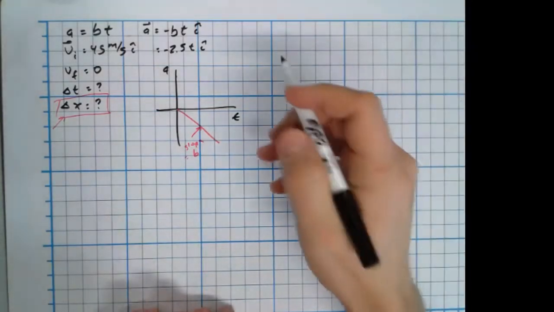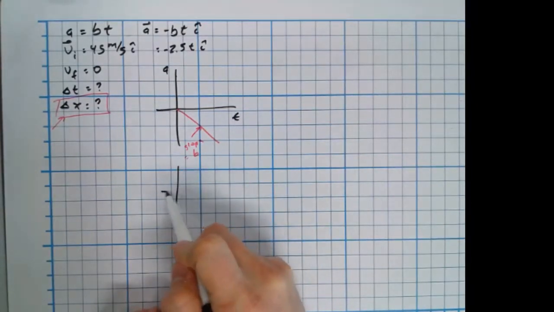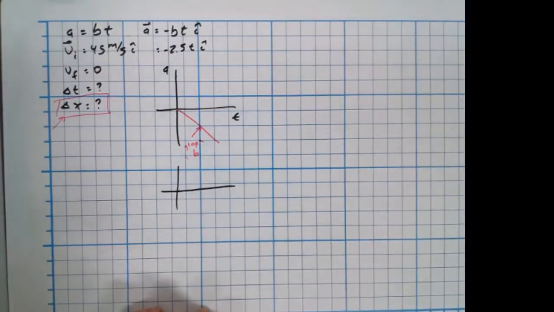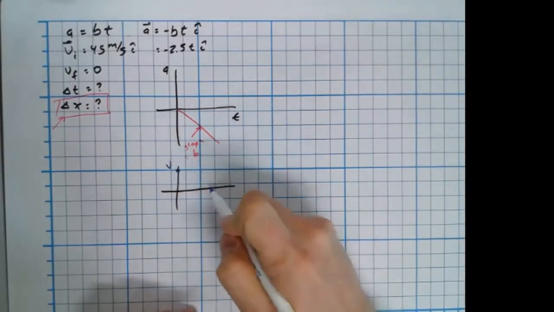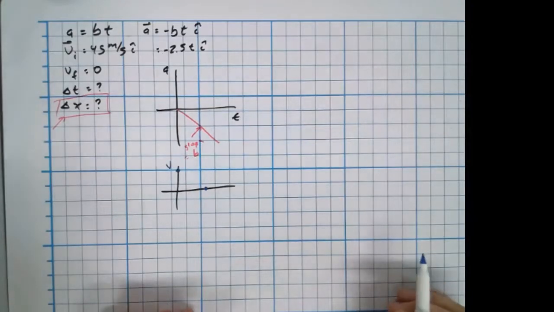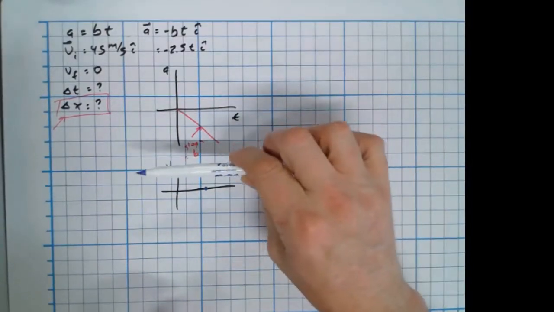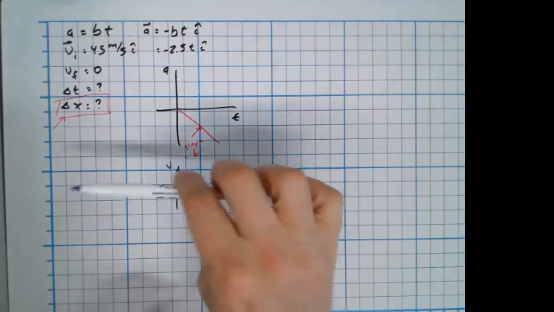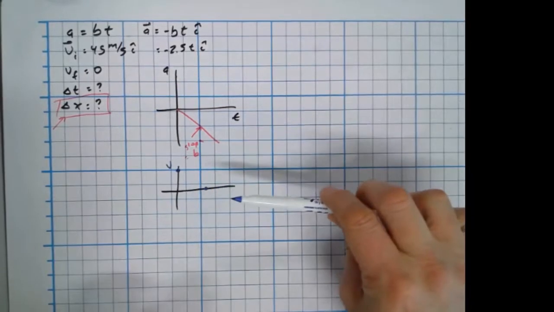The velocity is going to be decreasing. It starts at 45. It's going to end at 0. And is it going to be flat at first and then steeper later because it slows down faster later? Or is it going to be steep at first and then less steep later on?